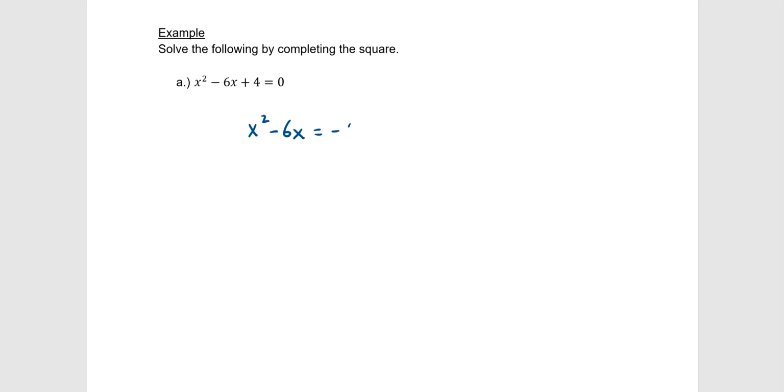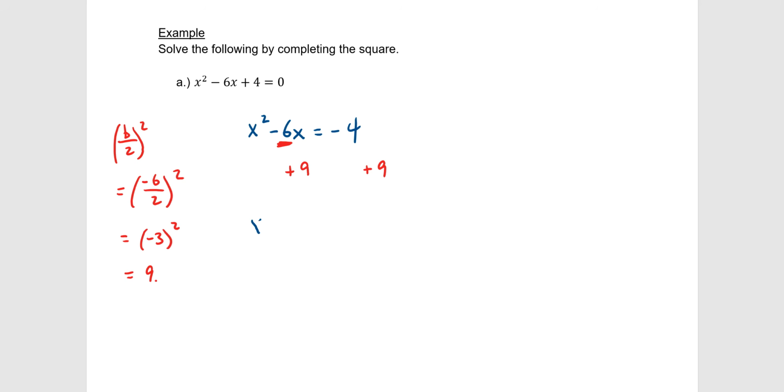The next step is to look at this x coefficient, that's our b value. That's going to be b over 2 squared that we're going to be adding to both sides. So negative 6 over 2 squared, which is negative 3 squared, which is 9. So we're going to be adding 9 to both sides of this equation.